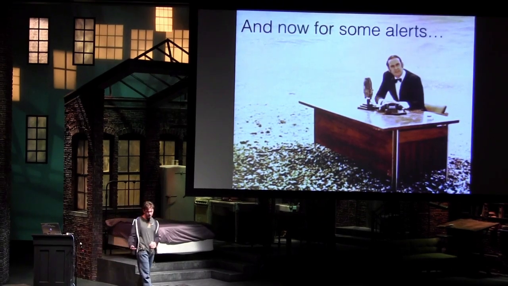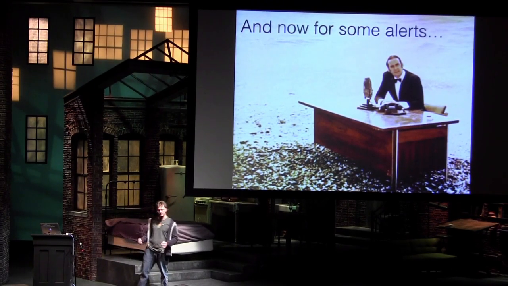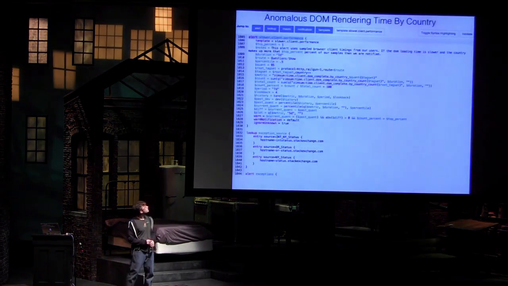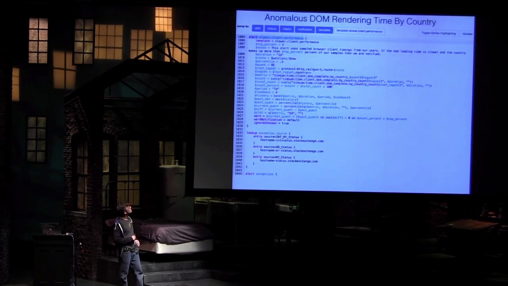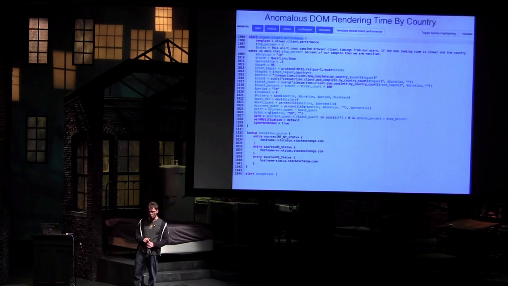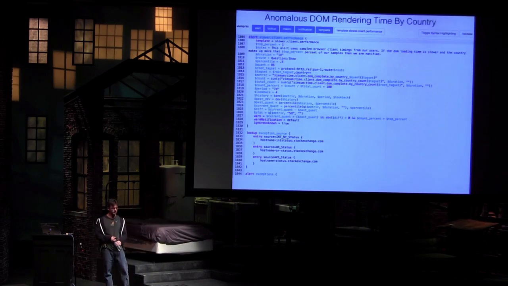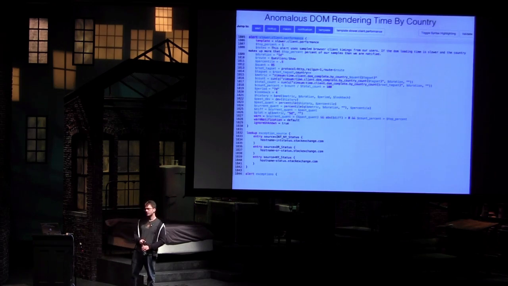So now just to kind of show you some interesting alerts that we've built with this thing. This one is about anomalous DOM rendering time by country. This one is actually maybe more interesting than just the data we collect. One of the things we do is we have a setting in our application that is a sample rate. So we'll say 3% of the people that hit our site, would you be so kind to send us your client timing?